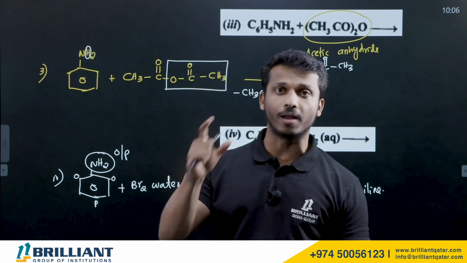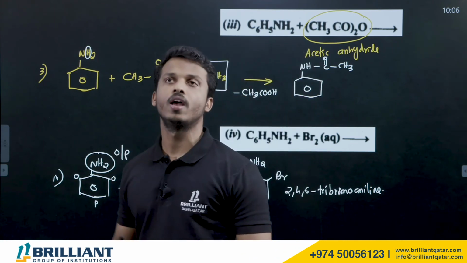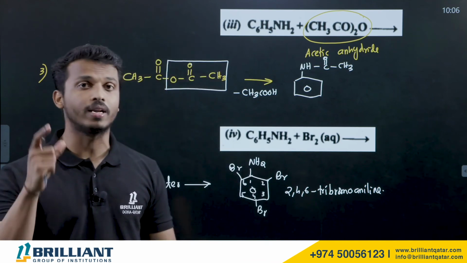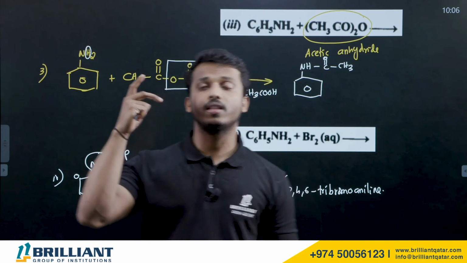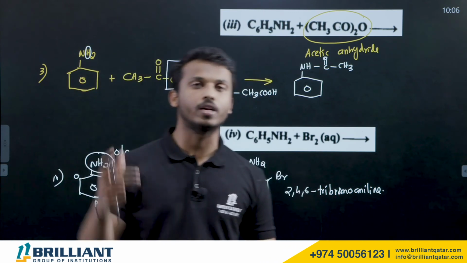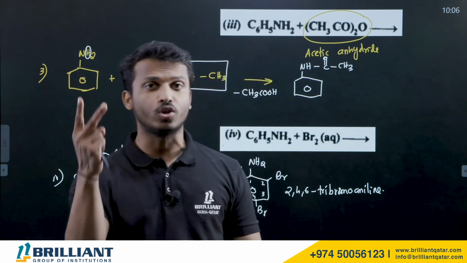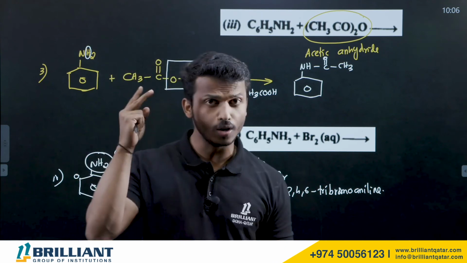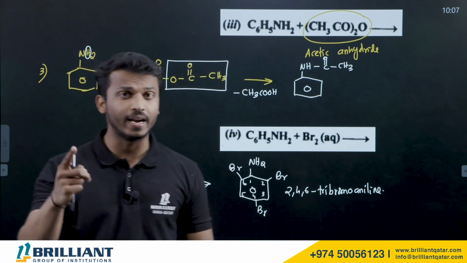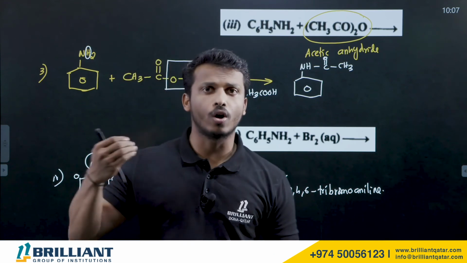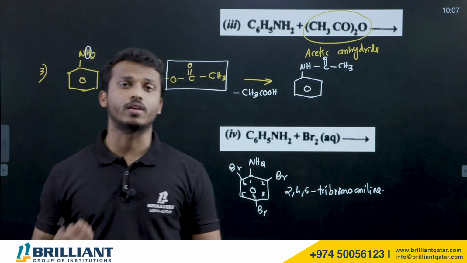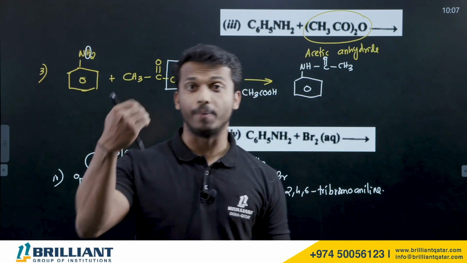How to name the primary, secondary, tertiary amines, and how to classify them. Then all their preparation. Around 6 methods of preparation we studied, including 2 very important naming reactions, Hoffmann bromamide degradation and Gabriel phthalimide synthesis.